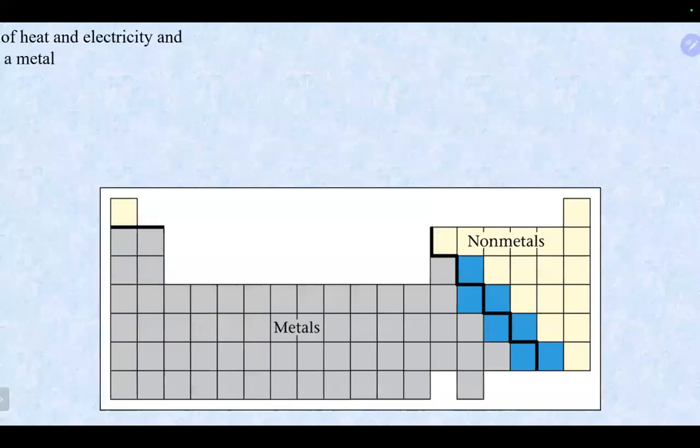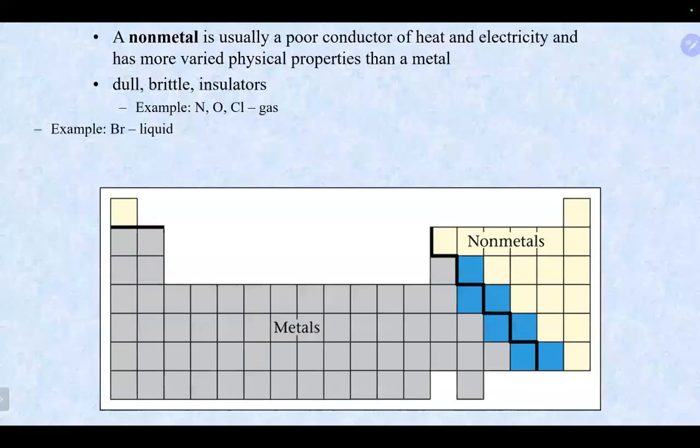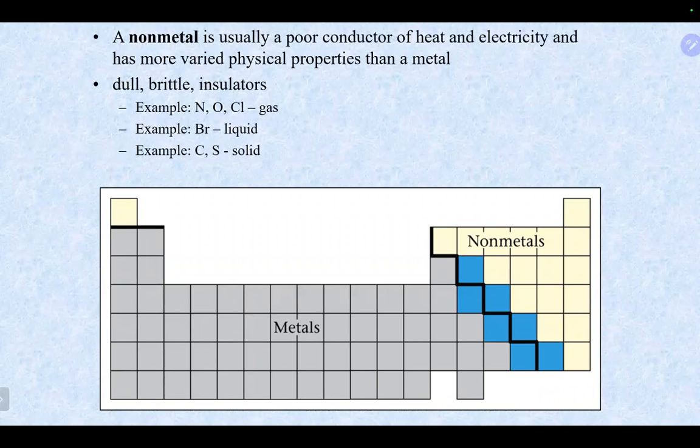Non-metals, on the other hand, are kind of opposite in terms of the characteristics that we see in metals. They are sort of dull, they're brittle, they're used for insulation. They're also poor conductors of heat and electricity. And unlike metals, which are mostly solids at room temperature, non-metals can be a variety of states: solid, liquid, and gas.